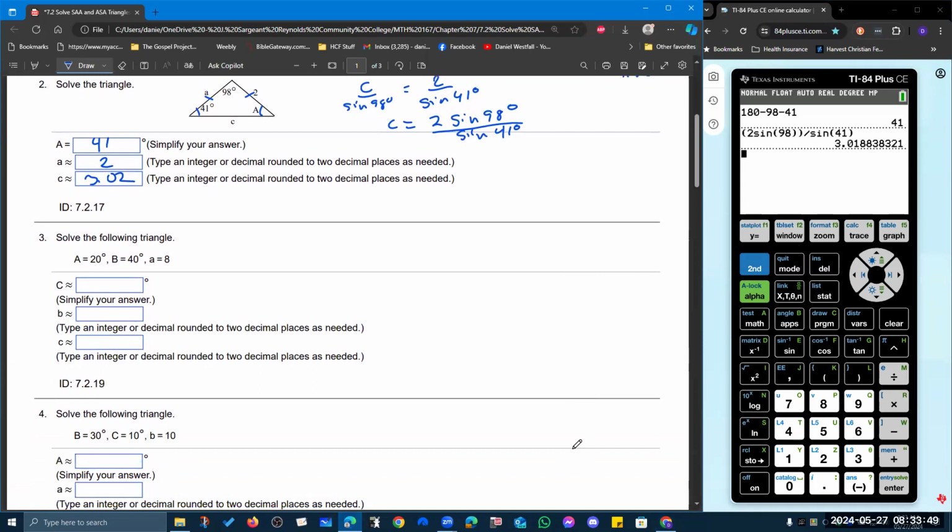Now they're not going to give us the triangle, so we're just going to put the angle and the side that's across from the given angle. The angle that they give us with the side across, we're going to put in the lower left-hand corner. So A is 20 degrees, and they give us side A is 8, and they give us angle B is 40.